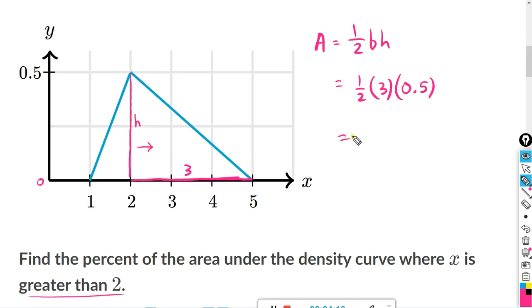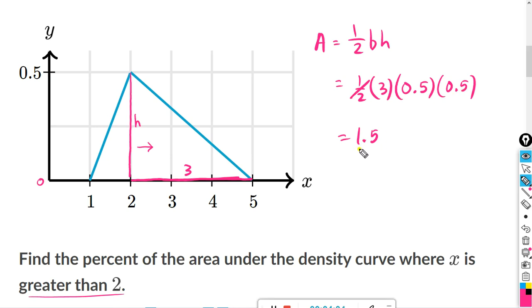All right. So we need to use decimals here. Instead of 1/2, I'm going to make it 0.5 again. Okay. So 3 times 0.5 is 1.5. And times 0.5, I'm doing this in my head.